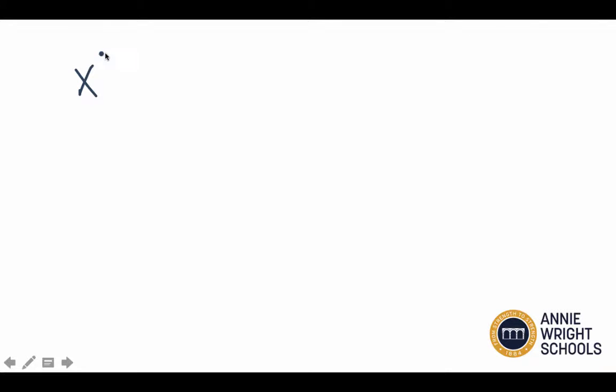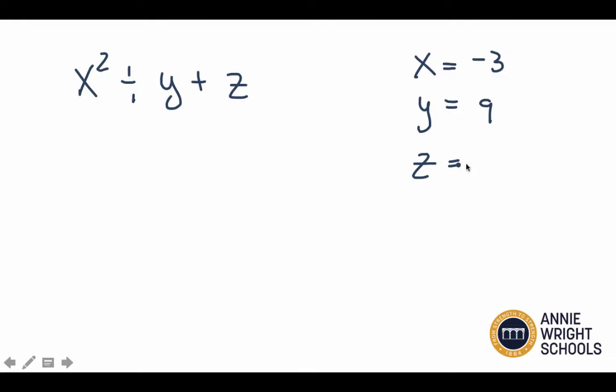So if I told you x squared divided by y plus z, and I told you x was equal to -3, y was equal to, let's say, 9, and z was equal to 1. What I see a lot of kids doing is they say -3 squared divided by 9 plus 1.